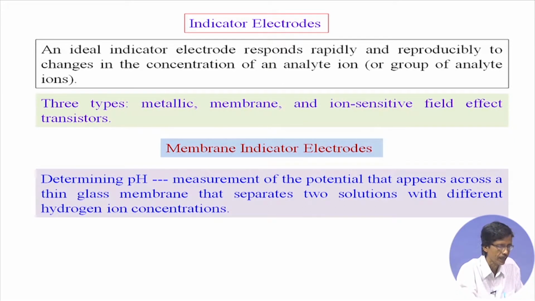That membrane is there, and on one side you have one solution, and on the other side you have a different one. So, here also we are considering the glass membrane, which is nothing but a membrane made of glass, and on both sides of that membrane you have two different concentrations of the hydrogen ion, and that can be sensed by your electrode potential.